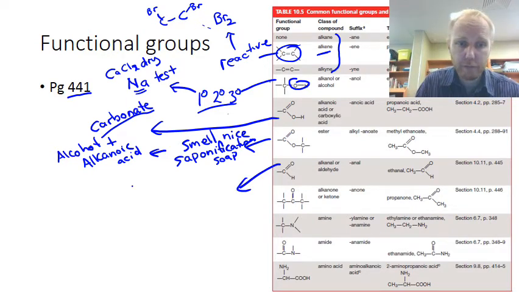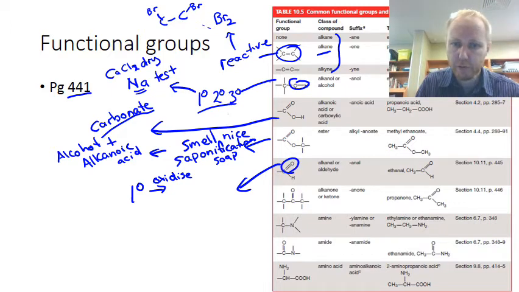Aldehydes. All right, remember our primary alcohols, when they oxidize, the first thing they make is the aldehyde, and we've got that double bond oxygen group there. Okay, now don't forget, they will then oxidize to the alkanoic acid as well.